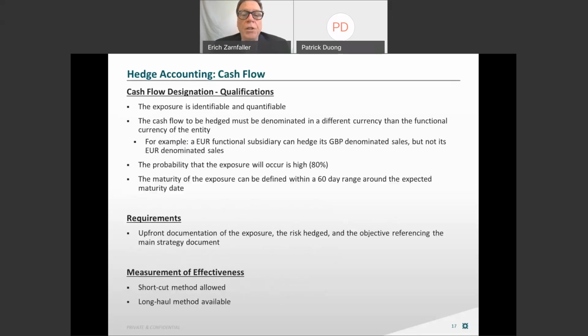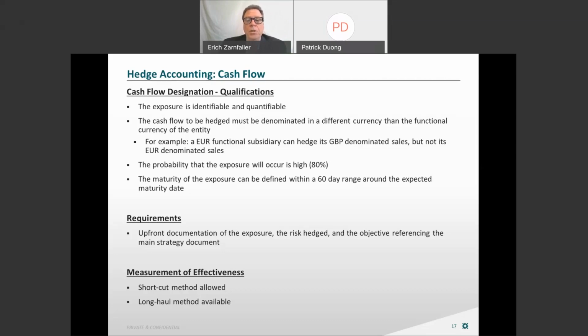In order to qualify as a cash flow hedge, the exposure must be identifiable and quantifiable. The cash flow to be hedged must be denominated in a different currency than the functional currency of the entity that has the exposure. For example, a euro functional subsidiary can hedge its sterling denominated sales, but not its euro denominated sales.